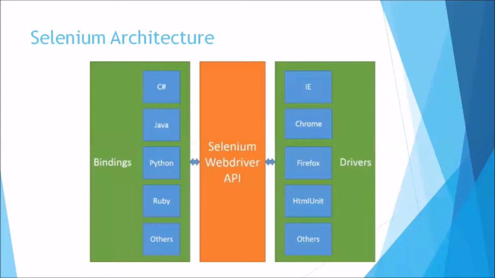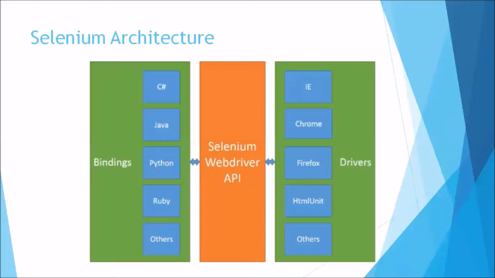The second section is this Selenium WebDriver API. The bindings interact with the Selenium WebDriver API. What this API does is it interprets the commands which we send through these languages, and then sends them to the respective drivers in the driver section.